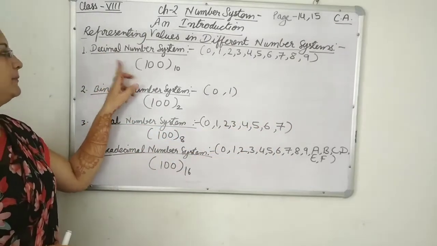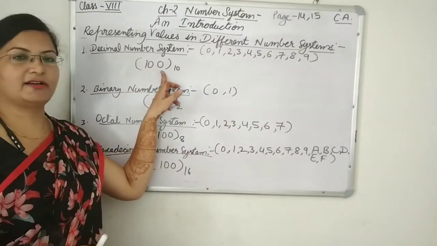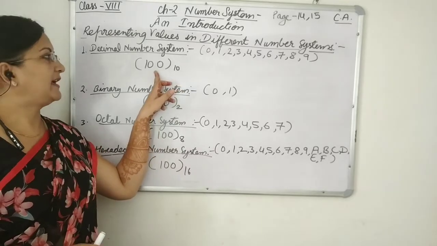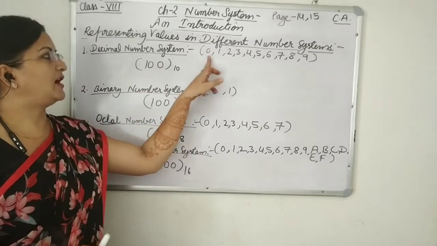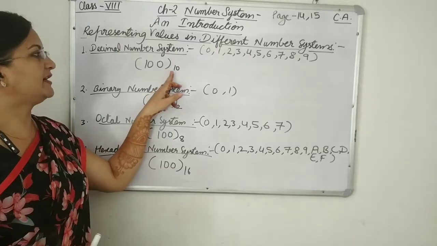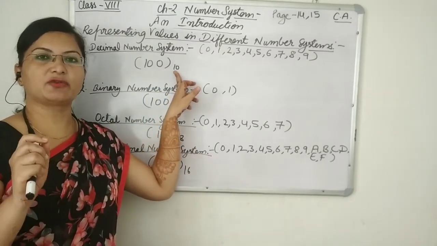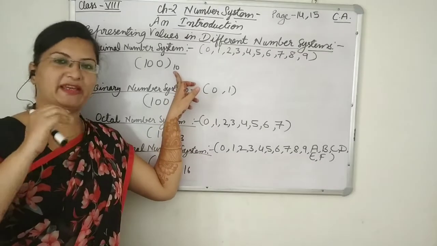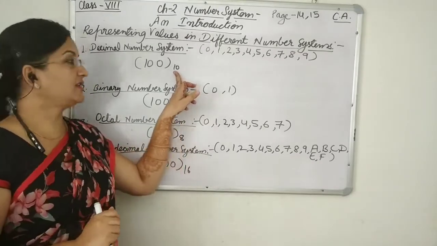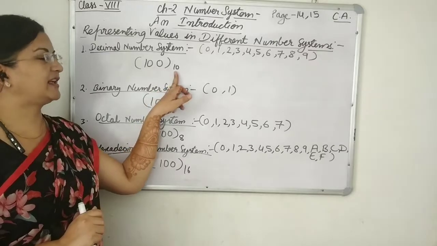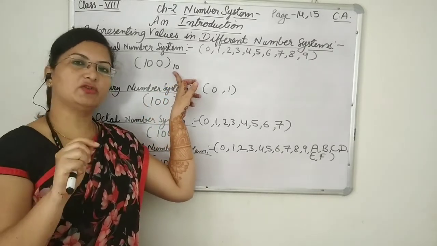So first of all, if we consider 100, you know very well it is written like this, and 1, 0 and 0 are valid symbols, and it has base 10. So if you are writing base 10, that means you have to write 10 just below the baseline of the normal text. So this is the normal text and I have written 10 in the base, just below the baseline.